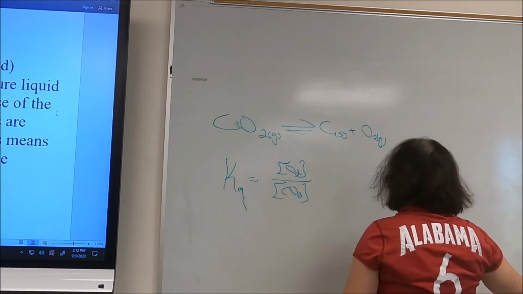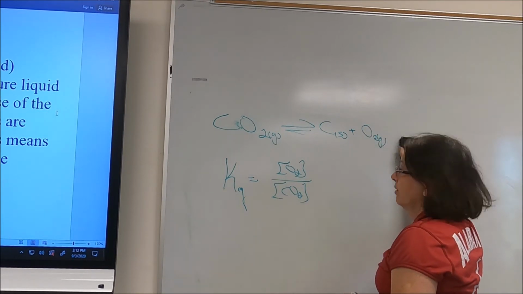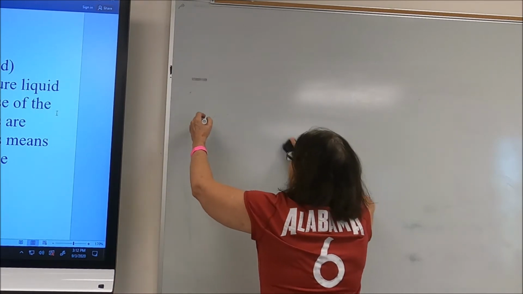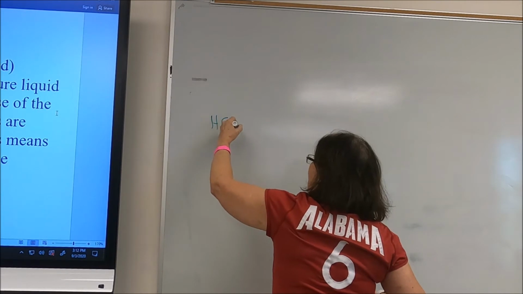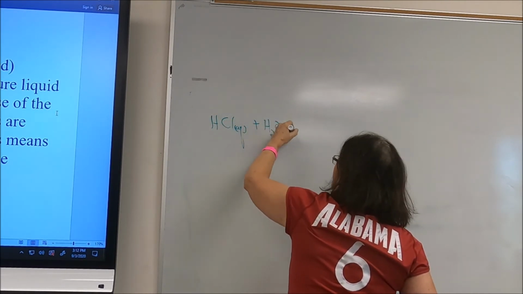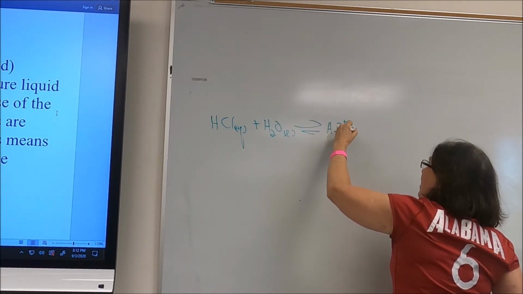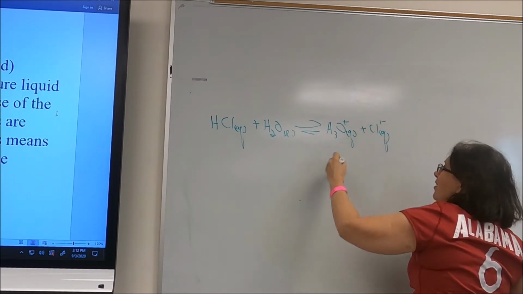Okay? Another example that we're going to run into quite a bit is a reaction like the following. If I have HCl aqueous and I react it with water liquid, I get H3O plus aqueous and Cl minus aqueous.